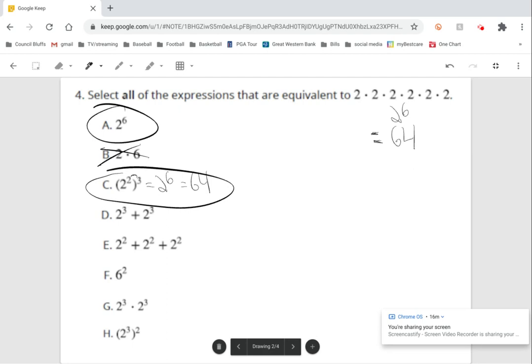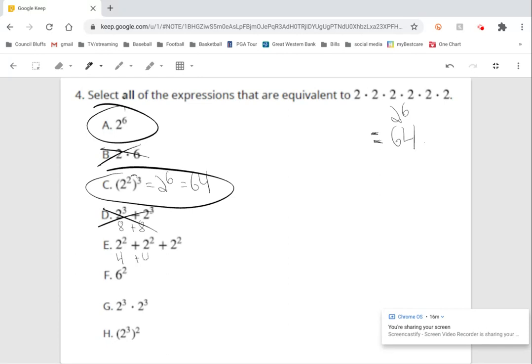D, 2 cubed plus 2 cubed. 2 cubed is 2 times 2 times 2, which is 8. So this is equivalent to 8 plus 8. 8 plus 8 is not 64. So D is out. E, 2 squared plus 2 squared plus 2 squared. So 2 squared is 2 times 2, that's 4.